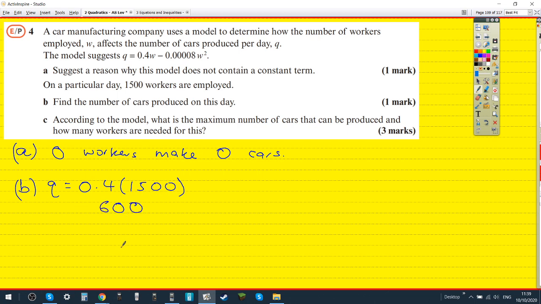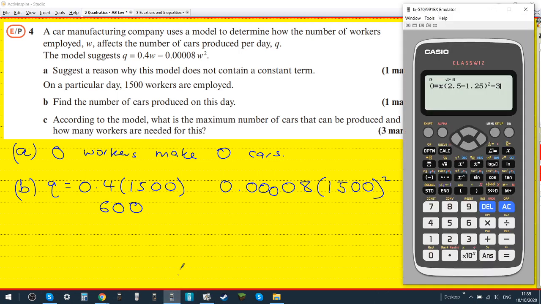Okay. And then you do 0.00008 times 1,500 squared. Mm-hmm. Wait, so would you square it first, or would you do brackets first? So it'd be 0.00008 times 1,500 squared.